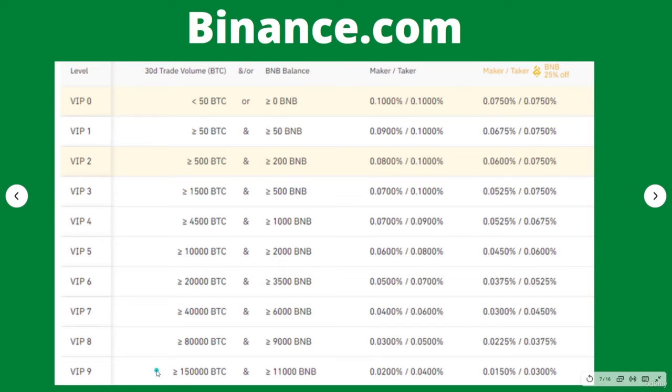On Binance.com, you have to trade 150,000 Bitcoin in volume, and you have to hold 11,000 BNB or more just to get the 0.02. That is incredible. And on FTX, everybody gets that just for being on the platform. That makes a very big difference.